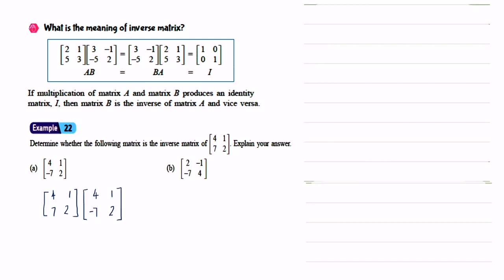So, still remember how to multiply? First row, first column: 4 times 4 plus 1 times negative 7. And first row, second column, 4 times 1 plus 1 times 2.